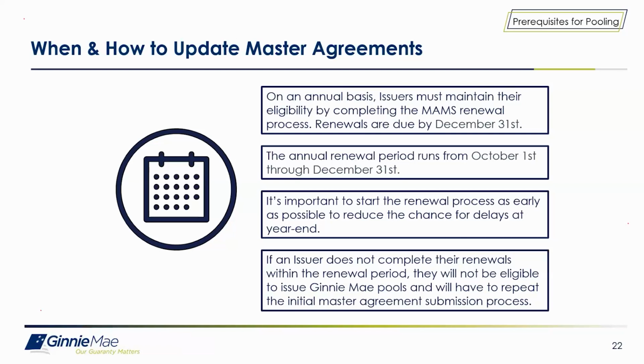Okay, renewals, October 1st through December 31st. And I think for years now I've been saying, don't start doing this on December 29th. Every year we run into the same issue: someone is trying to complete their master agreements on December 28th, 27th, the day after Christmas. And guess what? Most of the authorized signers are not there.